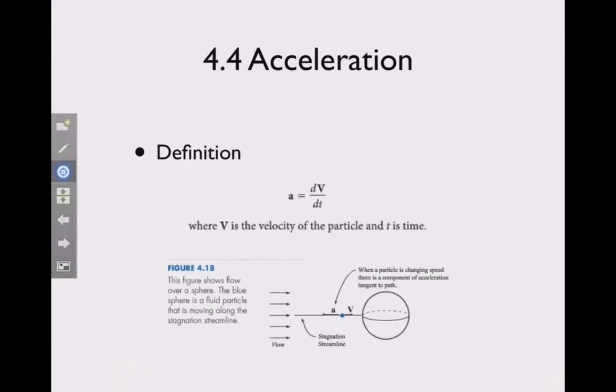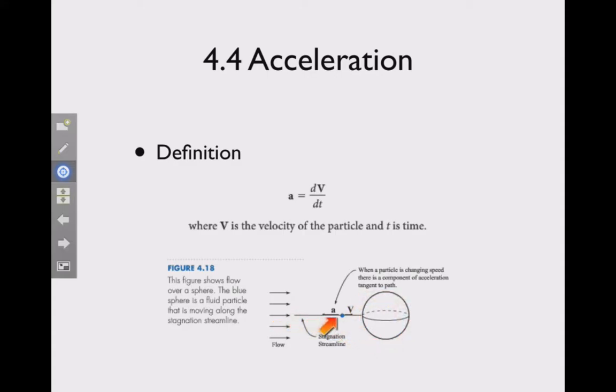But let's try to get a physical feel for what is happening in a given situation. Here we have a figure that shows the flow around a sphere. So we're looking at the flow field here, a uniform and steady flow field coming in here. But what happens when the flow encounters an object such as a sphere?